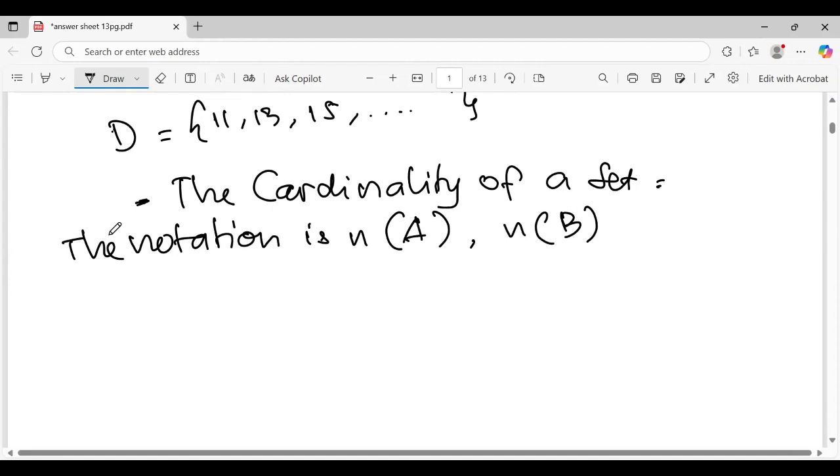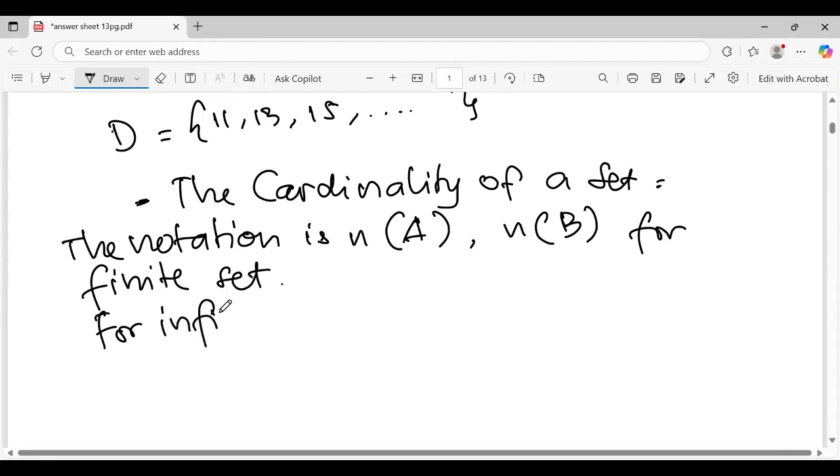This is for a finite set, not for an infinite set. So how about for infinite? For an infinite set, the members or the elements are of course infinite.